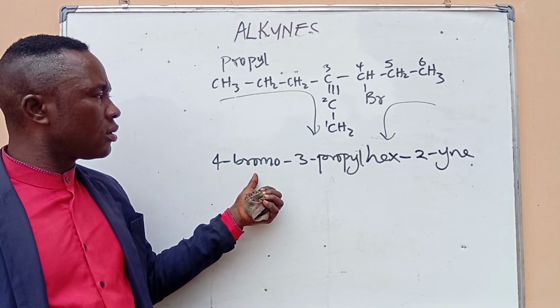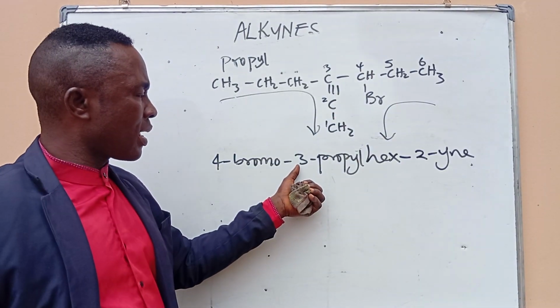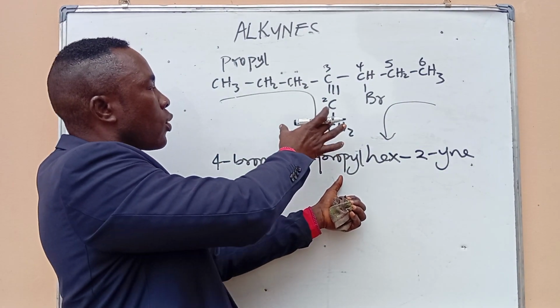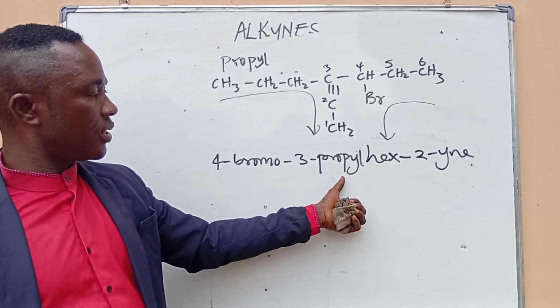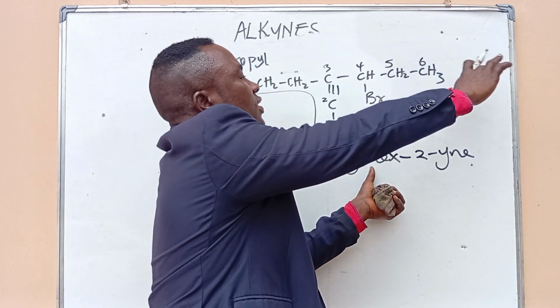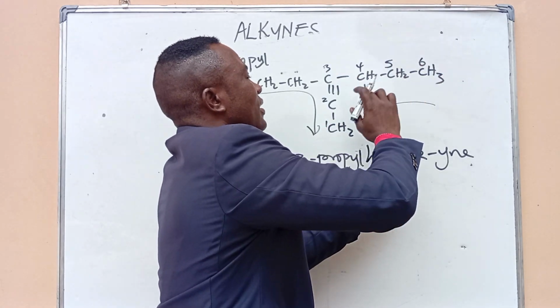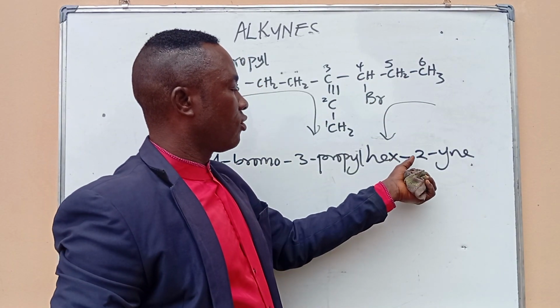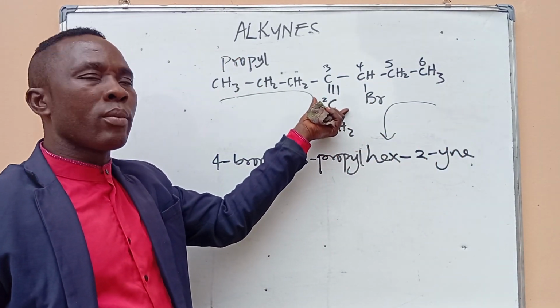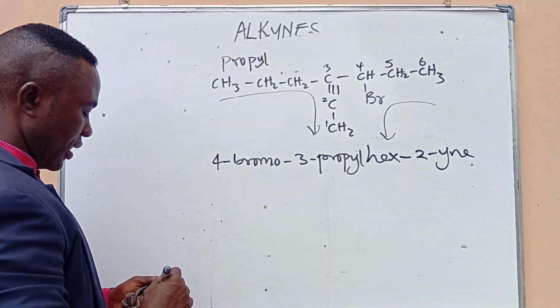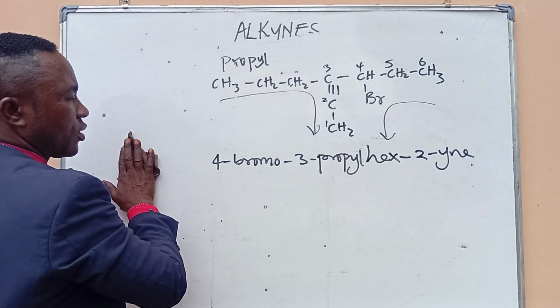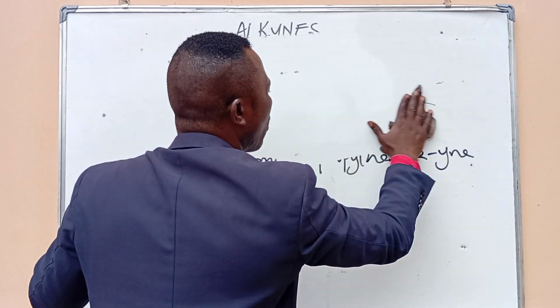So 4-bromo, the bromine is at number 4. 3-propyl, the propyl is at number 3. Then hex, because there are 6 carbon atoms as the longest chain. Then 2-ine, because the triple bond is at number 2. That is the nomenclature. Okay, now number 4.